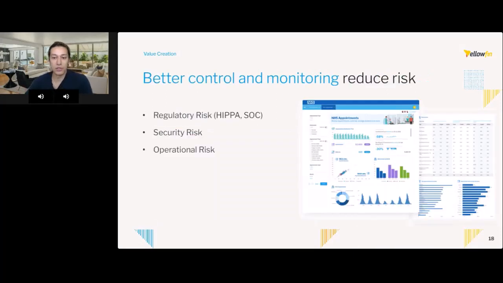Another value creation driver that we hear a lot is using embedded analytics to reduce risk. And again, this is something we hear a lot in financial services and healthcare. But embedded analytics can provide real-time monitoring, for example, to help monitor risk factors within the context of the day-to-day operational systems of the stakeholders in the business.